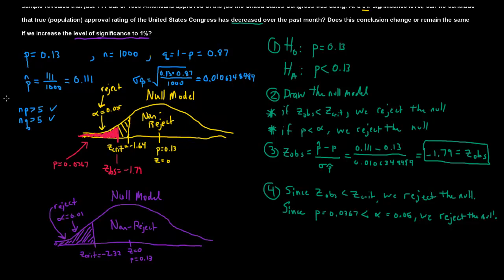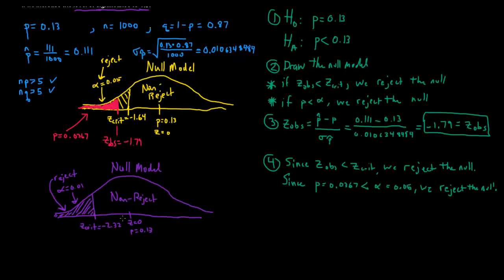Let's see what happens if we plot our z observed value. Our observed value is negative 1.79. The critical value, that value that separates the rejection region from the non-rejection region, is a negative 2.32 z value. But what do you notice about our observed value?